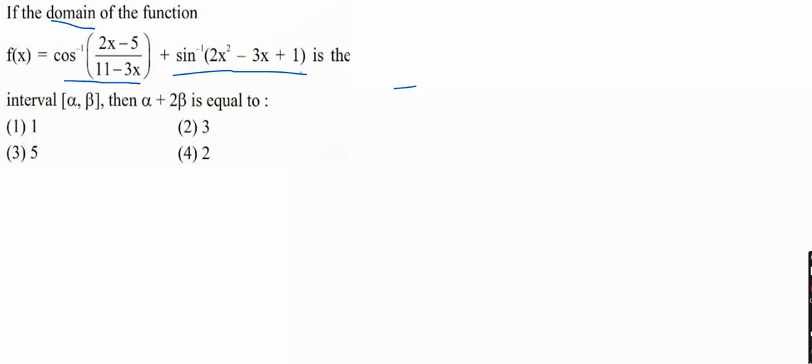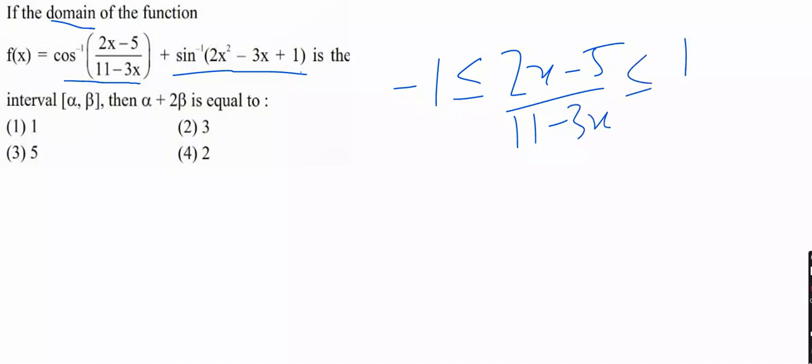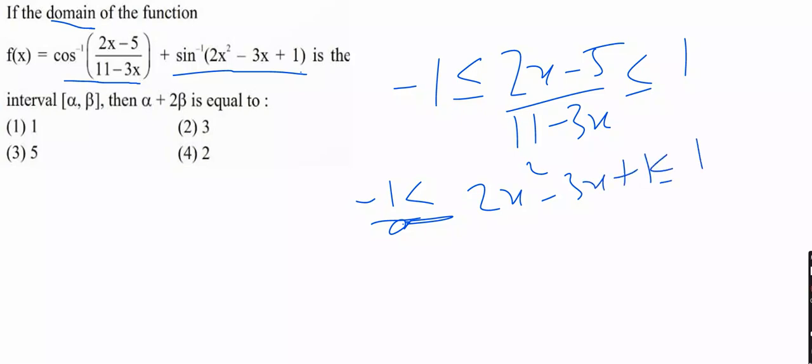So let's take the first range: -1 to 1, 2x minus 5 by 11 minus 3x is less than or equal to 1, and another -1 to 1, 2x square minus 3x plus 1 is less than or equal to 1.